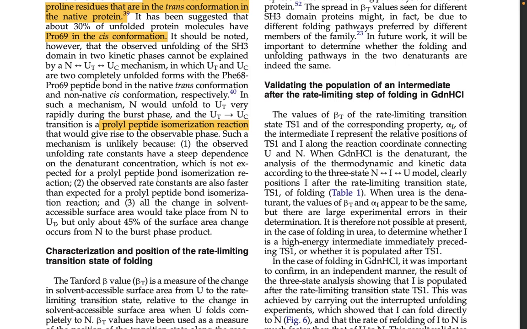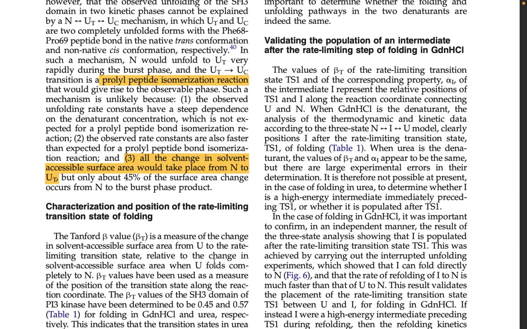Two, the observed rate constants are also faster than expected for a prolyl residue peptide bond isomerization reaction. And three, all the changes in solvent accessible surface area would take place from N to UT, but only about 45% of surface area change occurs from N to the burst phase product.